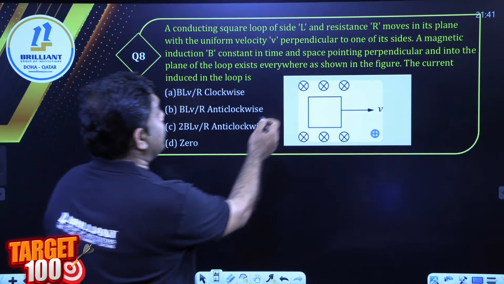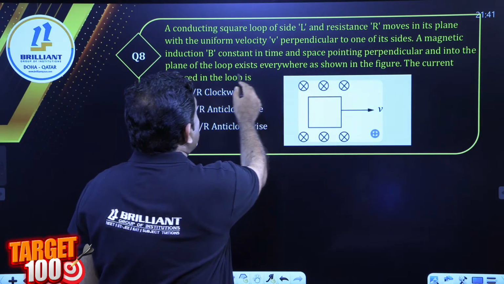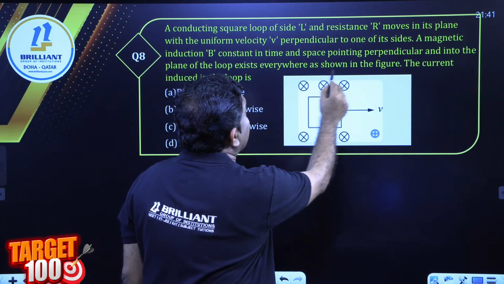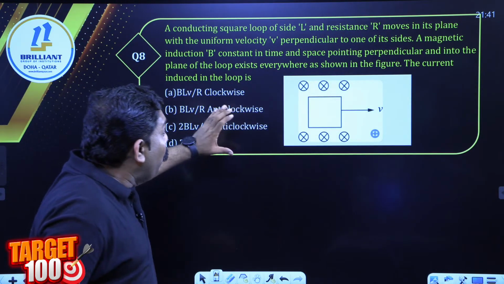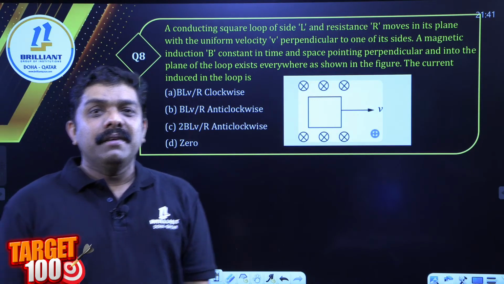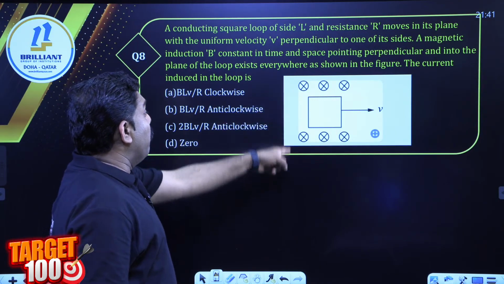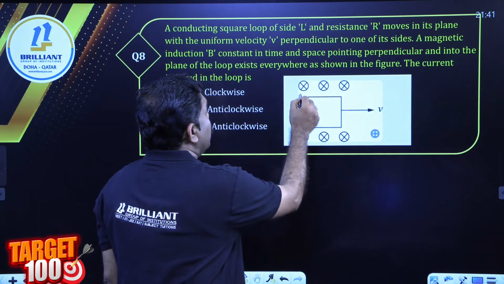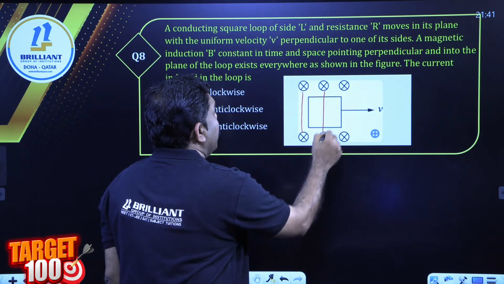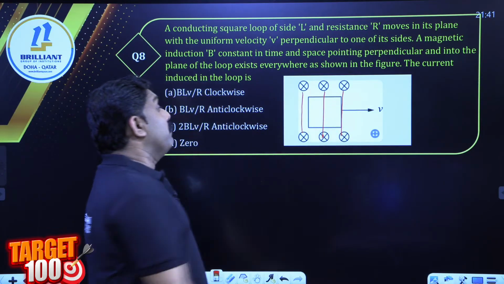So here the field exists everywhere as shown in the figure. So the loop is moving through the magnetic field. We know this is a uniform field. You can see the separation between the crosses is the same everywhere. So we can say this is a uniform field.